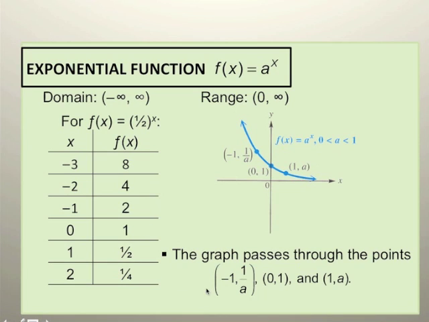And it still passes through the points (-1, 1/a), (0, 1), and (1, a). This is the exponential function, and it is important with exponential functions to know you always have these 3 points on the graph.